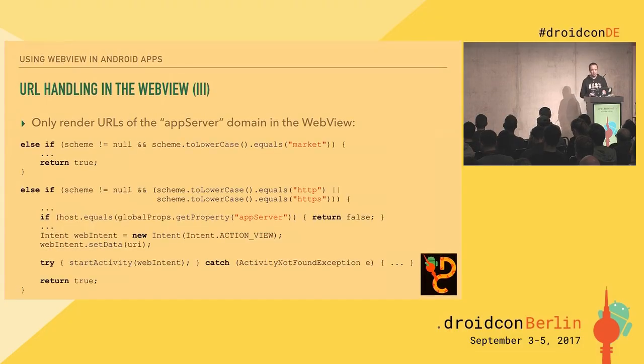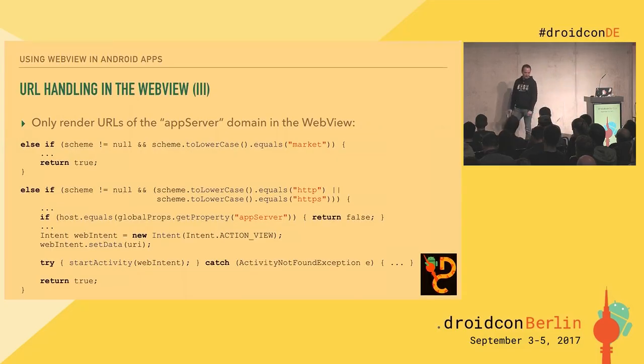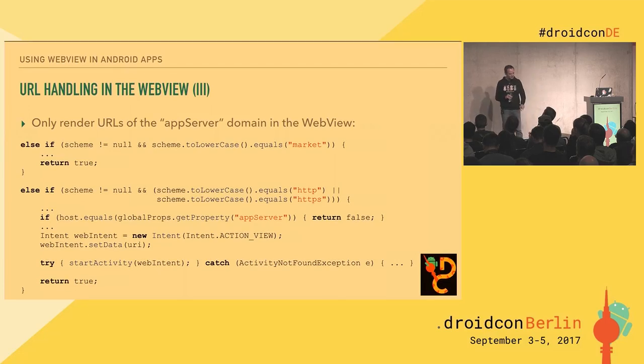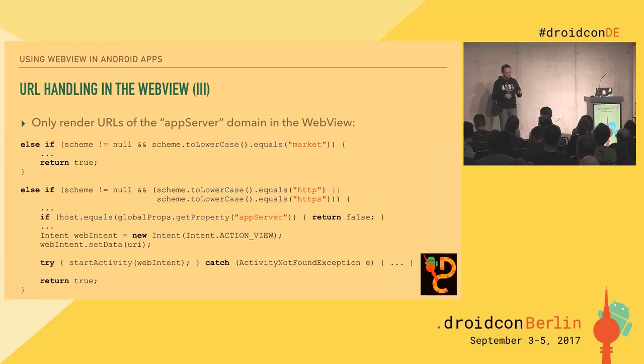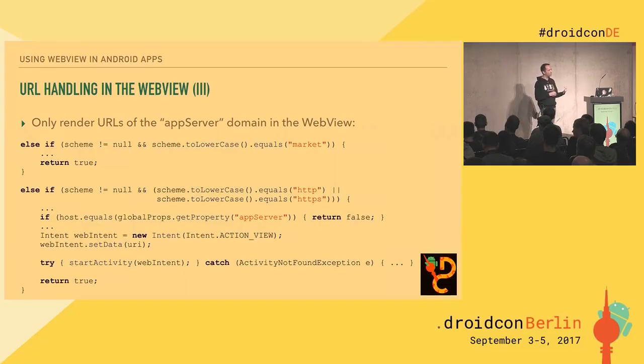So other typical ones are market, to make sure you end up going into the Play Store if you have a market URL. And then at the bottom, or in the middle of this slide, we'll see the checks for HTTP and HTTPS. Basically, what the code in there does is it returns false if the actual host is a certain domain I want to stay in.